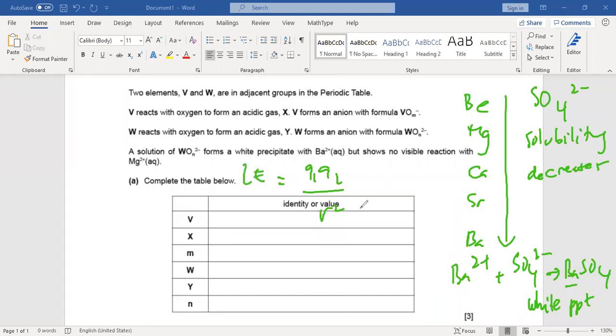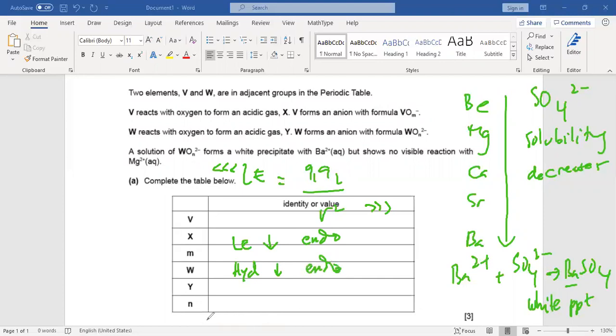If the radius increases, the lattice energy decreases. So the value of lattice energy decreases as the size of the ion increases. Down the group, the lattice energy decreases, so it becomes more endo, or sorry, less exothermic. Hydration energy also decreases, meaning it is more endo.